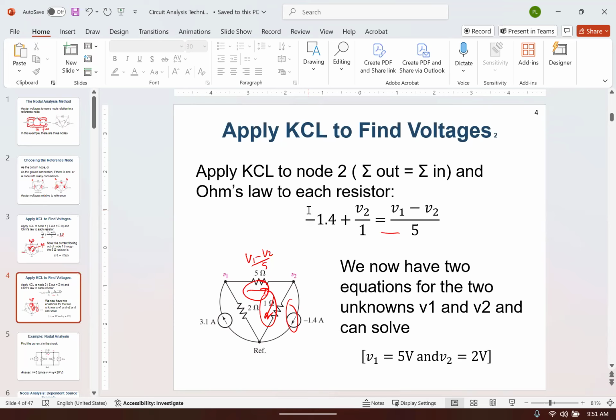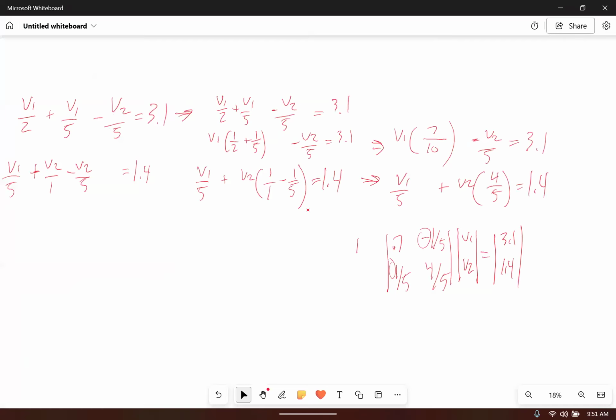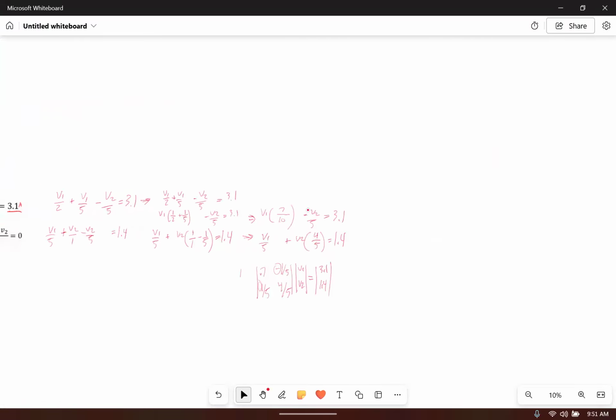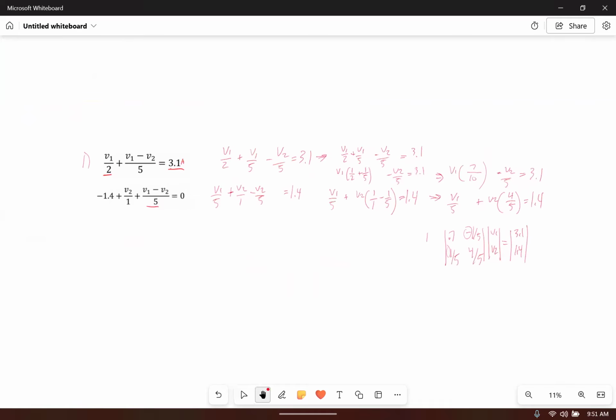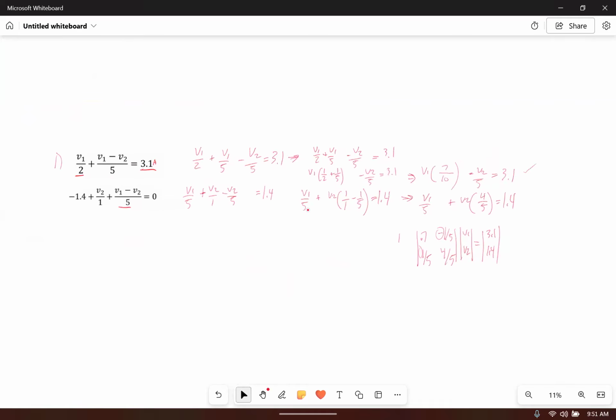All right, so let's go back to that. Minus 1.4 plus V2 over 1 are the currents out, and the current in is V1 minus V2 over 4. So let's go back to the whiteboard here. And should we start over because of the mistake on the second one? We know this first one is correct, right? We're pretty comfortable with this one.